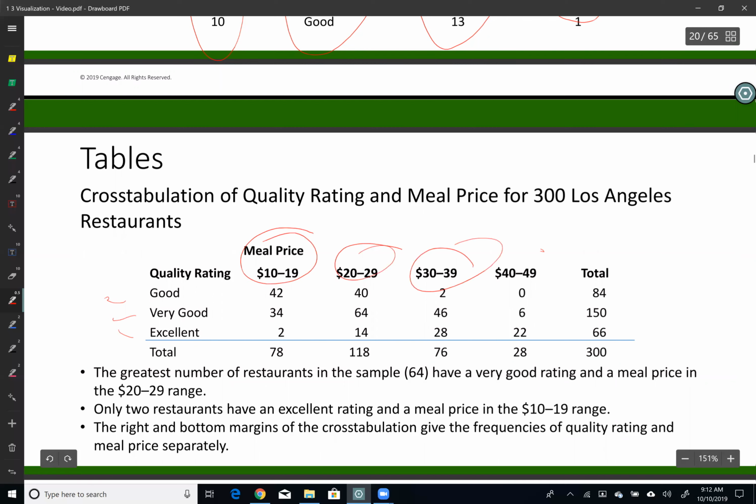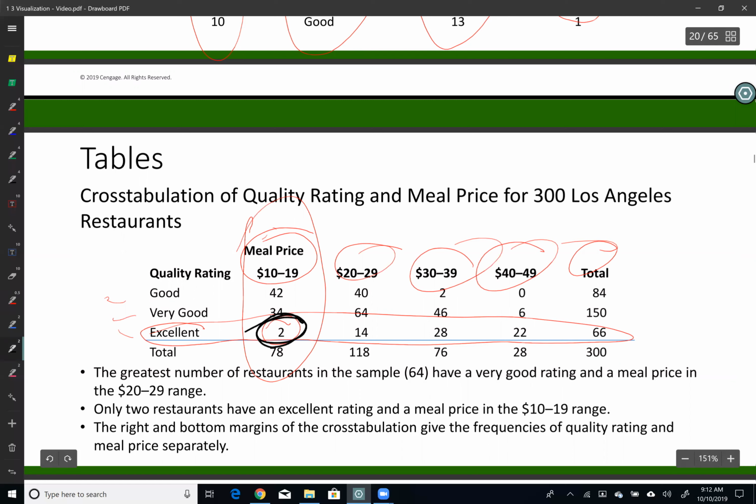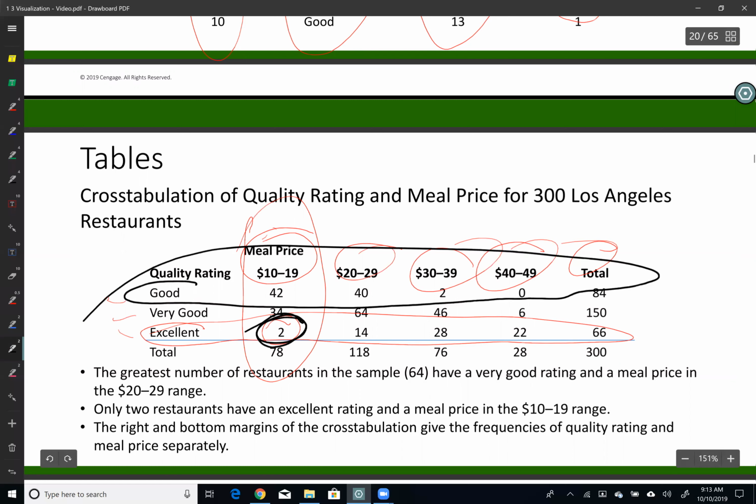So as you see here, I want to have excellent, obviously, right? And meal price cheapest. So the intersection is right here. It looks like these are the two restaurants that are the best in terms of these two measures. So it's much easier to see. If I want to find the worst restaurant, basically I can look at this row and the highest price for that option. So don't go there.